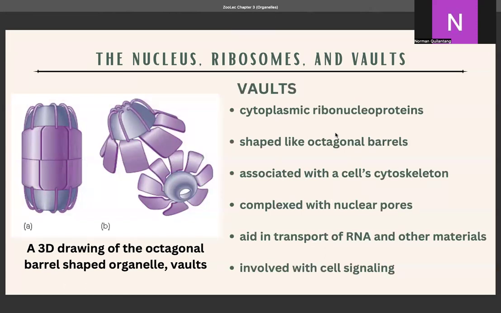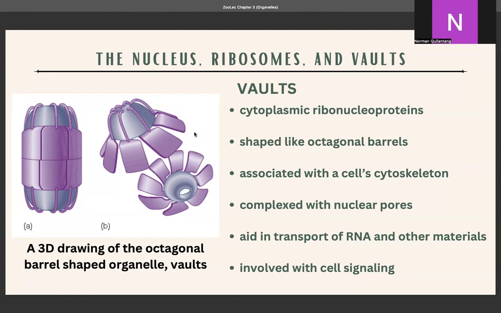You also have these vaults. Vaults are one of the most recent discoveries regarding organelles of cells. The main purpose of vaults is to transport material in and out of the nucleus. They can go through pores that you can find in the nuclear envelope.